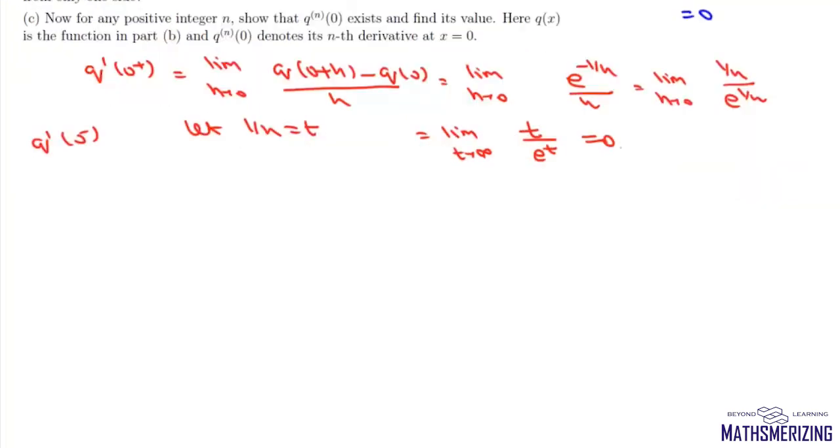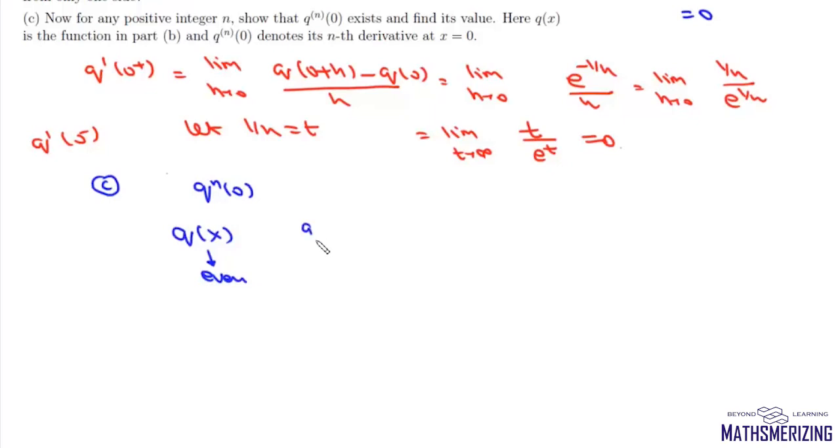Now part C is, for any positive integer n, show that q^(n)(0) exists and find its value. Here q(x) is the function in part B and q^(n)(0) denotes the nth derivative at x equals 0. Now what we'll do for this part C is find the nth derivative of this function at 0. Now we know that q(x) is an even function.